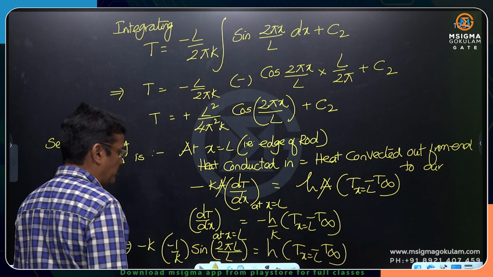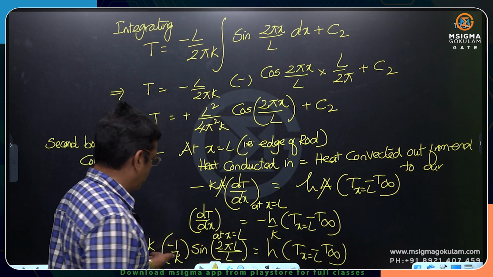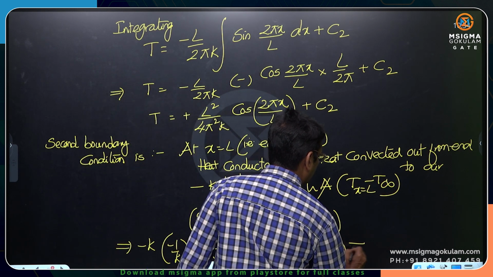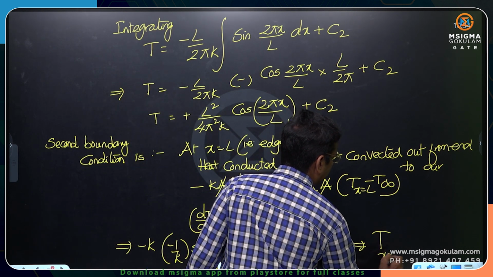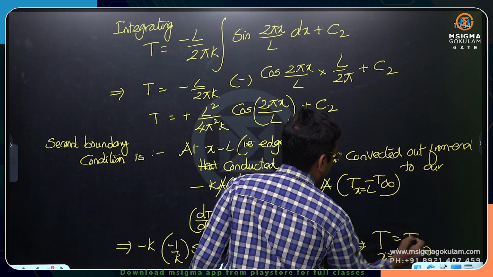What is sine 2 pi? Sine 2 pi is 0, so all this will become 0. From this we can say temperature at x is equal to L is T infinity.